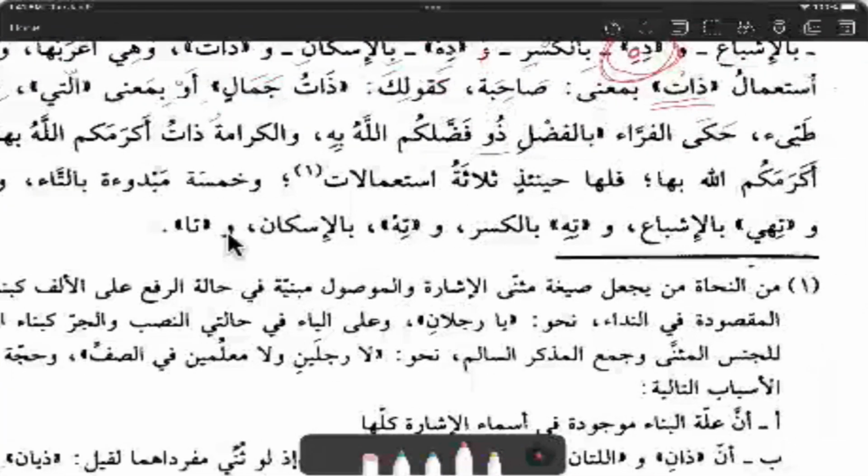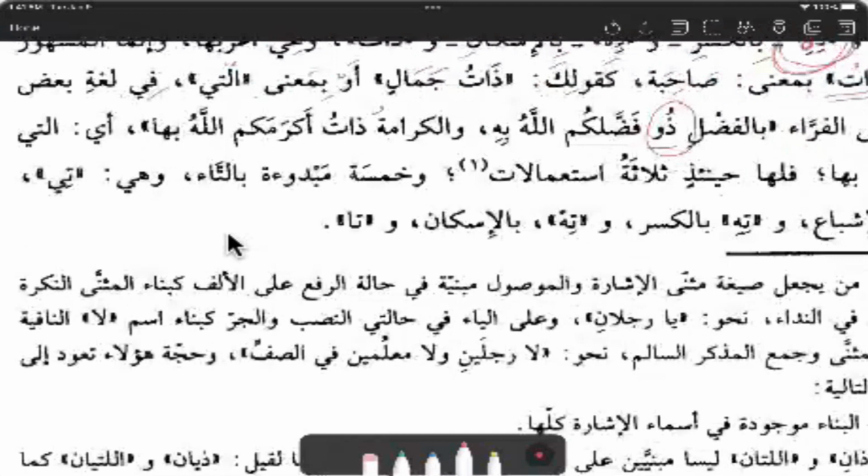So it means, here, ذو means الذي, by the generosity that, or by which Allah has honored you, and by the nobility by which Allah has honored you. So if you understand the Arabic, then inshallah that's clear.